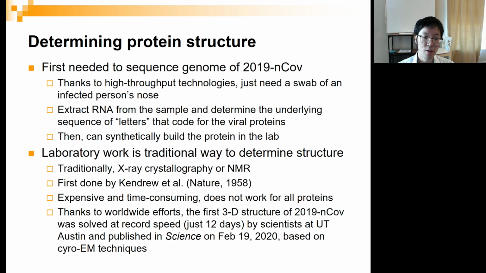They used a technique called cryo-EM, or cryo-electron microscopy, and they were able to get this reviewed and published. So this 3D structure that I showed you earlier was published in Science, as I showed you, on February 19th. This was considered quite a remarkable success in lab techniques of being able to find the structure very quickly.